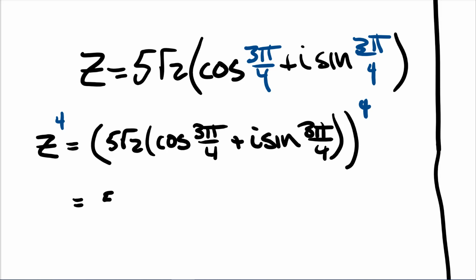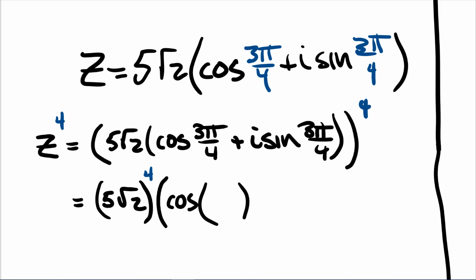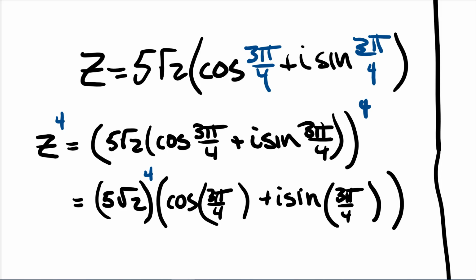So we're going to take our radius, our 5√2, and we're going to raise that thing up to the fourth power. Next, we're going to need to multiply our angles by that 4. Look how convenient this turns out to be. You're going to multiply by 4, and there's already a 4 in the denominator.